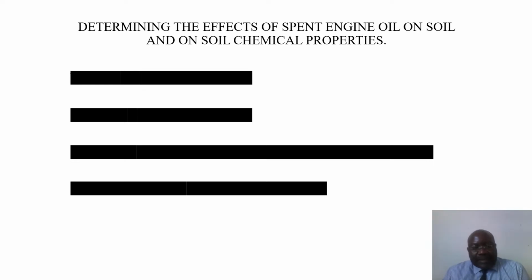What you see in black is where the name of the student was, the registration number, the program, and probably the supervisor. This was a proposal that was being presented. So it was a PowerPoint presentation for a proposal.